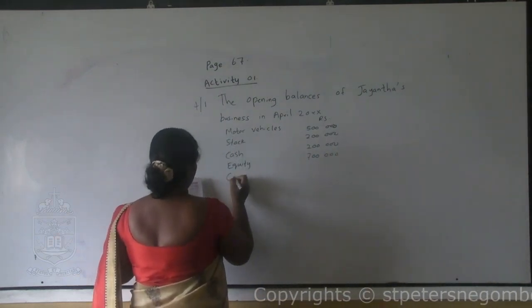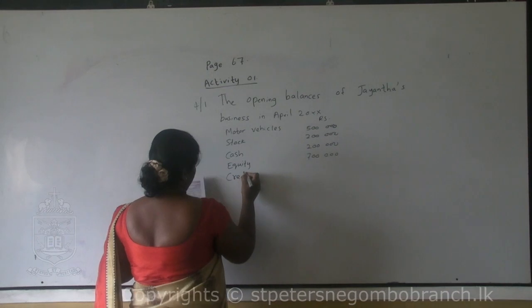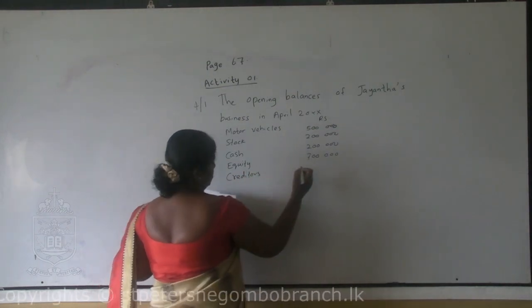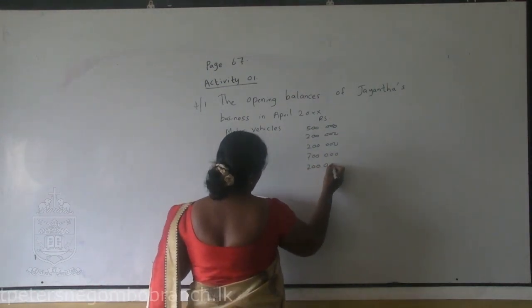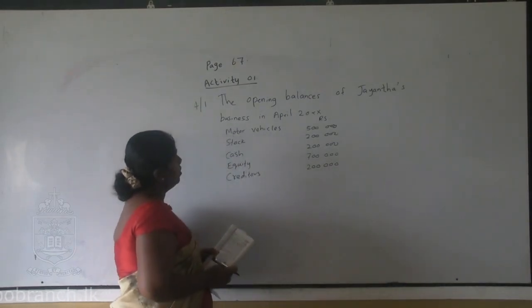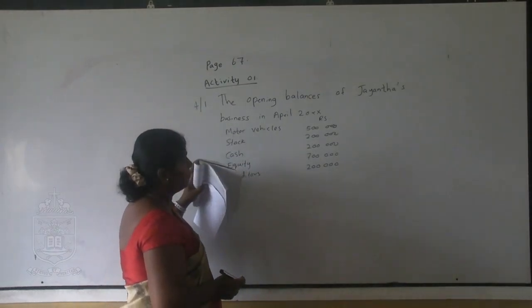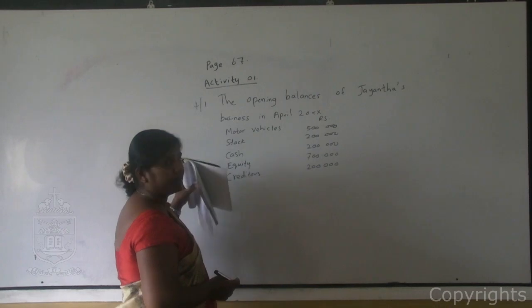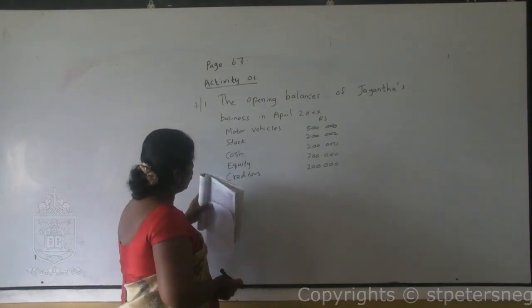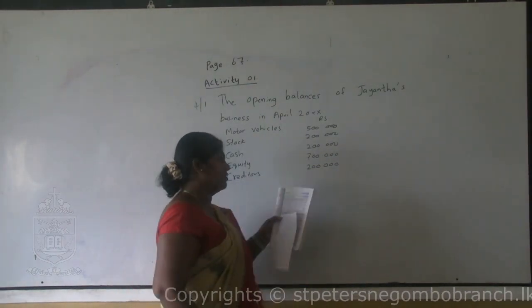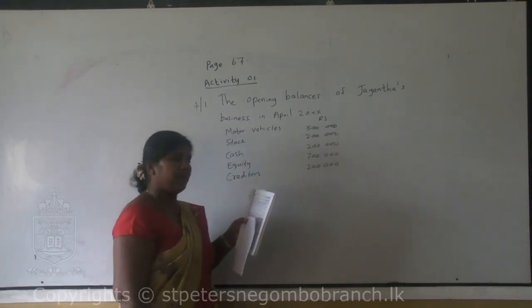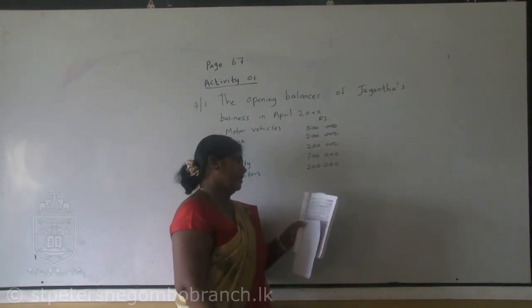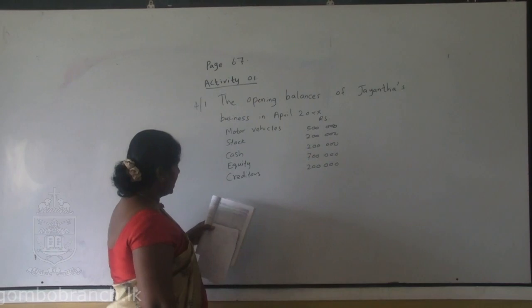Creditors amount also you have been given, 200,000. So according to this question, you have been given all these opening balances on the 1st of April, but you have not been given the opening balance of debtors. Except debtors, you have been given all the other balances.